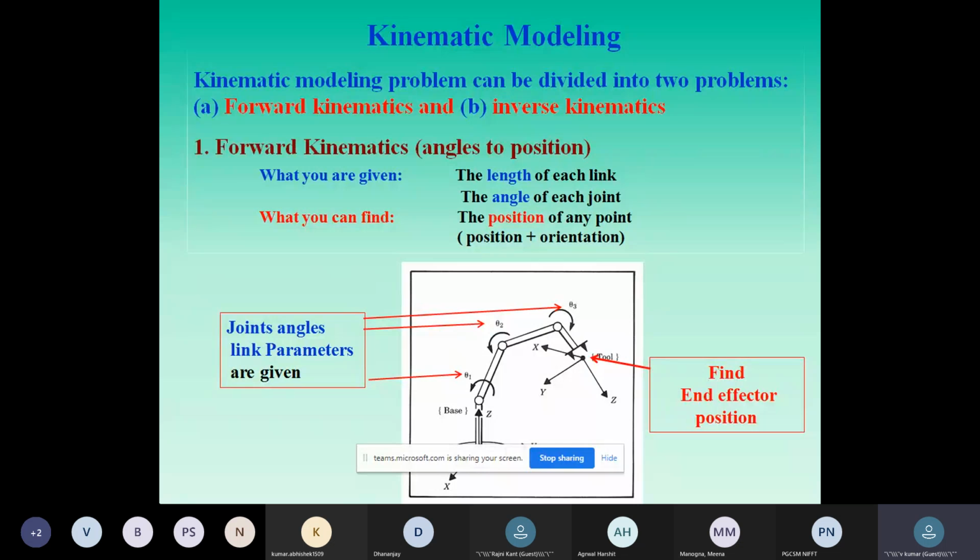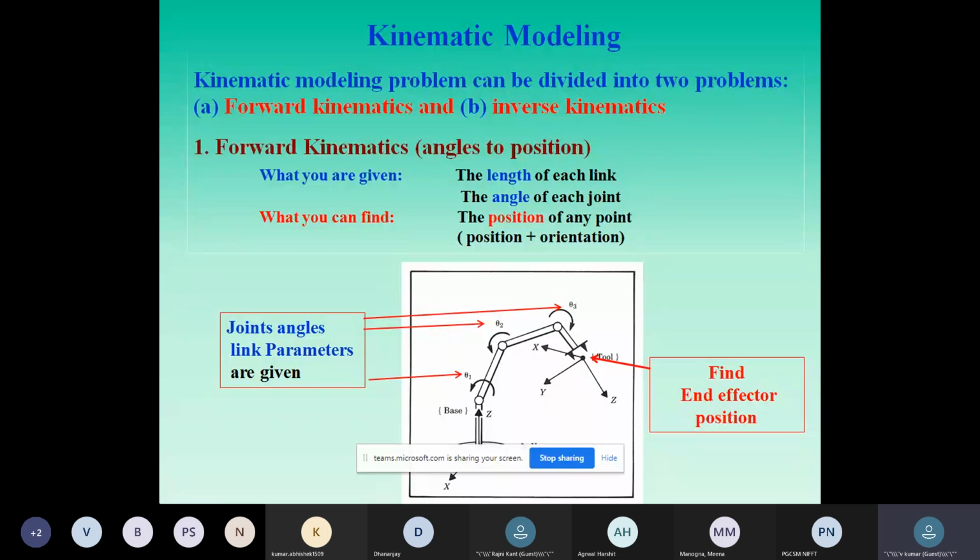Kinematic modeling is actually the relation between joint space and task space. Theta 1, theta 2, theta 3 are called joint space, and end effector position x, y, z represents task space. The relation between joint space and task space is established through kinematic modeling. It can be divided into two parts, forward kinematics and inverse kinematics.